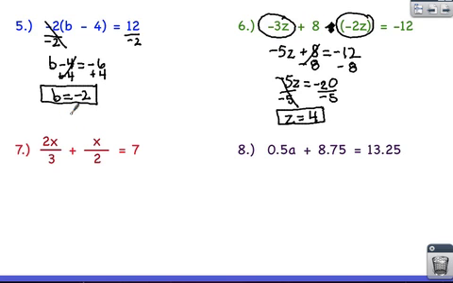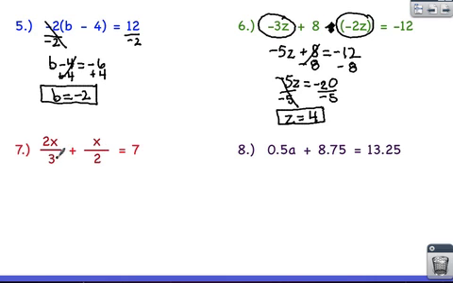Now for number 7. We have a couple of options here. Notice how we do have two x's, so we are going to have to combine like terms. Since these are written like fractions with unlike denominators, we can try to get a common denominator. Our least common denominator would be 6.